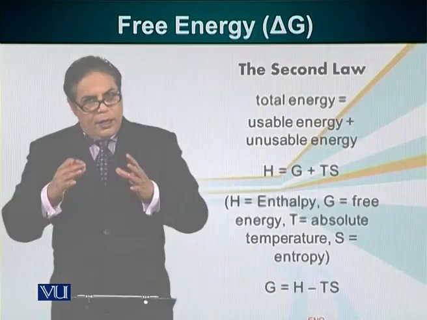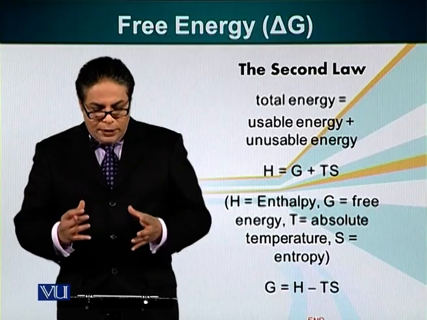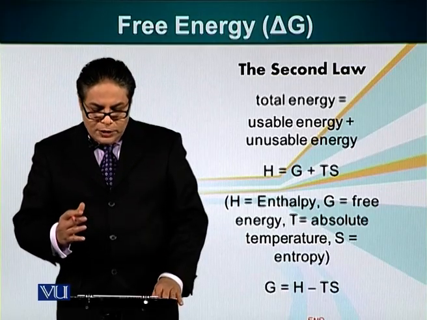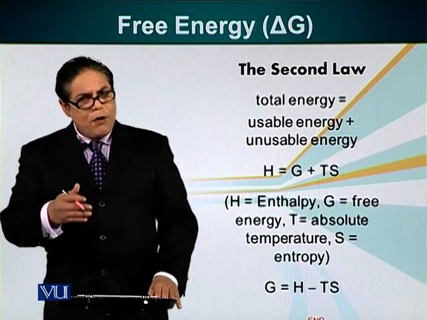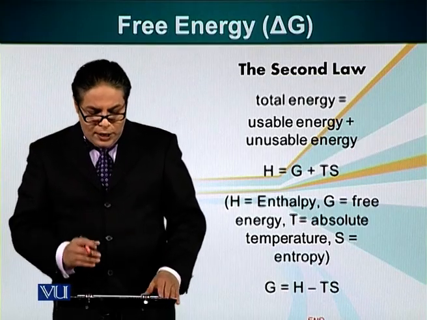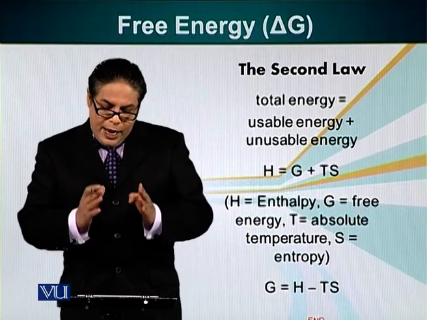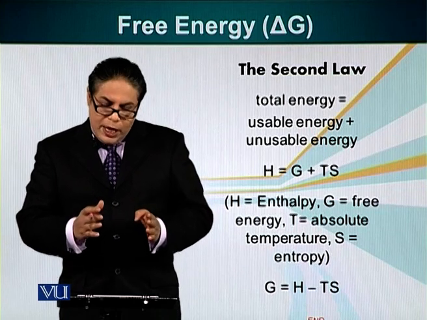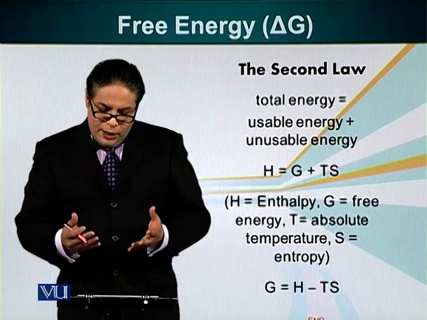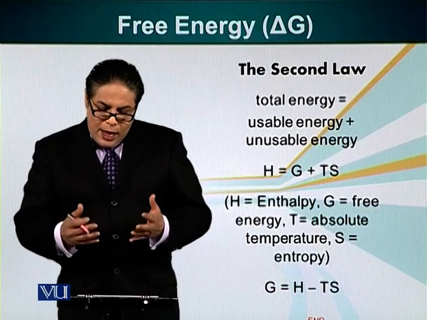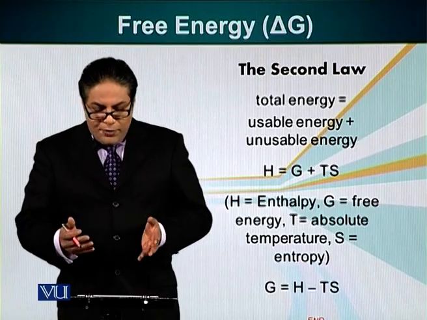If we use this second law, we can come up with this equation: total energy equals usable energy plus unusable energy. If we want to write it in the form of an equation, it basically becomes H, the total energy. H is representing the total energy, G, the energy that can be used to do useful work, and S, the unusable energy, or as I have said, it's called entropy.